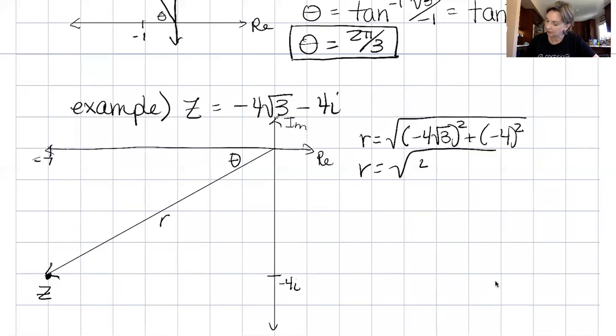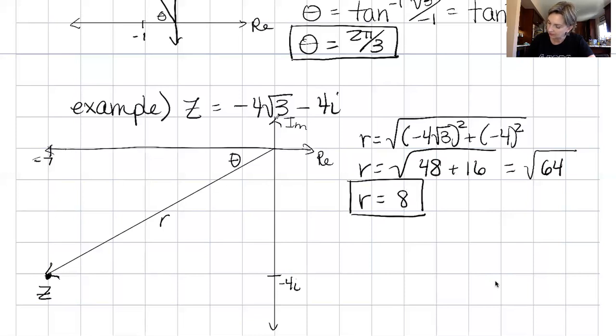Okay, that's 48. And 4 squared is 16. Okay, that's the square root of 64, which is 8. And again, normally when you take the square root, you have a positive or negative, but in this case, it's a length. So it's just the positive root. Okay, so the length of that modulus is 8.